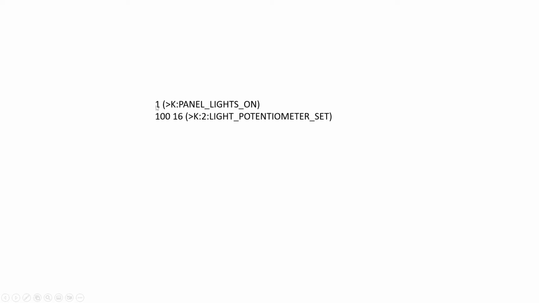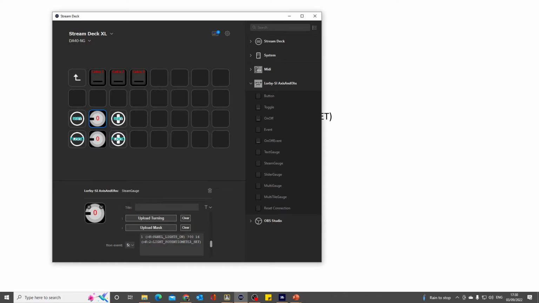So 1 is sent to the panel lights, and the brackets and everything are important. Now normally this gets written as one line. I've broken it up into two lines just for clarity for you, but if we go back to my Stream Deck here, it's actually all one continuous line, and it's only broken up because it doesn't fit in the box any other way.